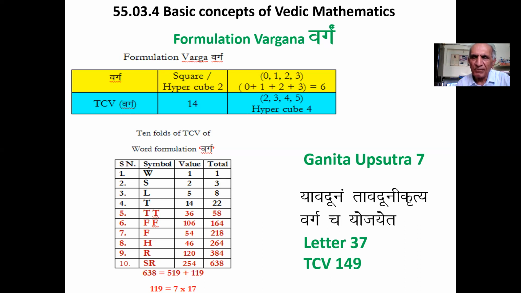as when we will be through all the 10 folds of word formulation Varg of tissue value 14, we will be reaching as is the tabulation on the computer screen at value 638, which is 119 more than 519, the total letters of the text of sutras and upsutras, and value 119 is 7 multiplied by 17, and 17 is the value of Atma.